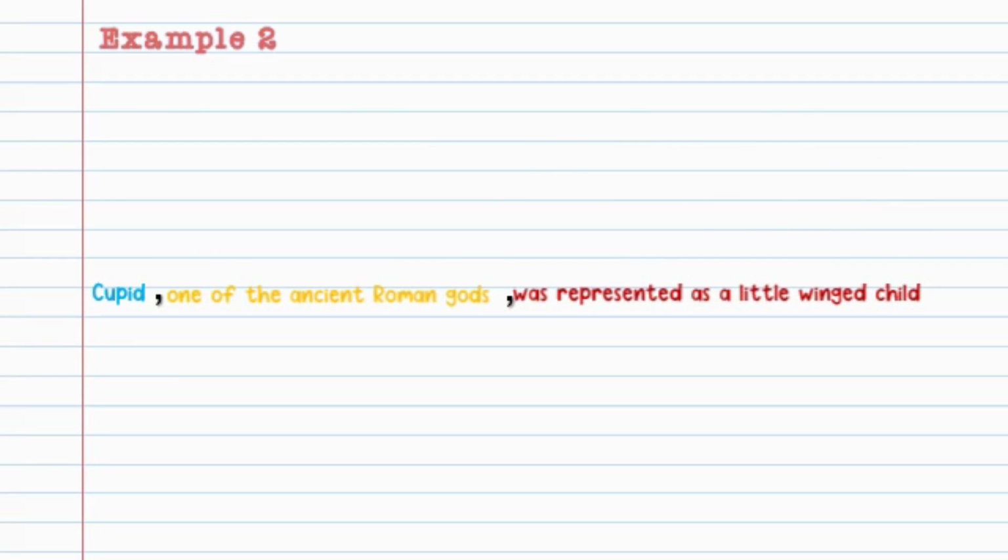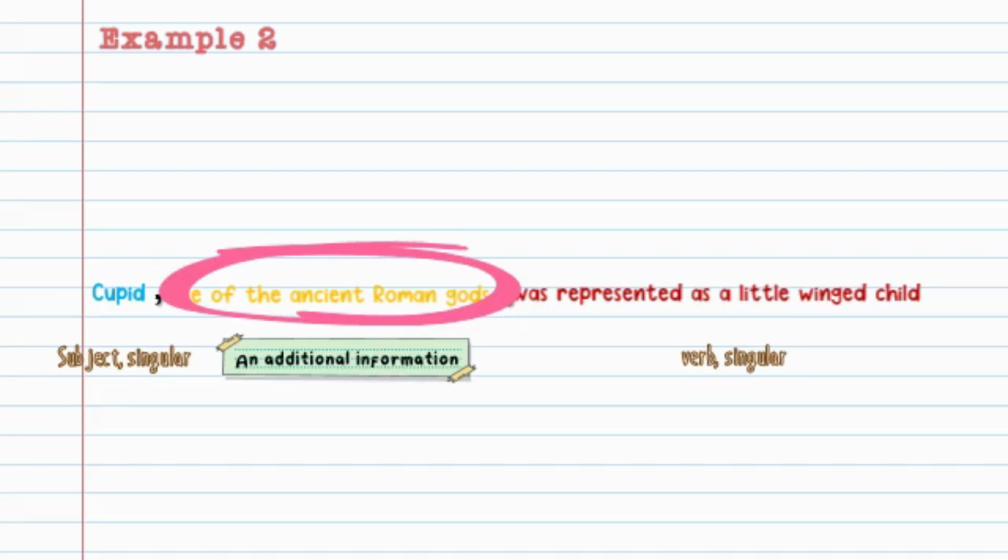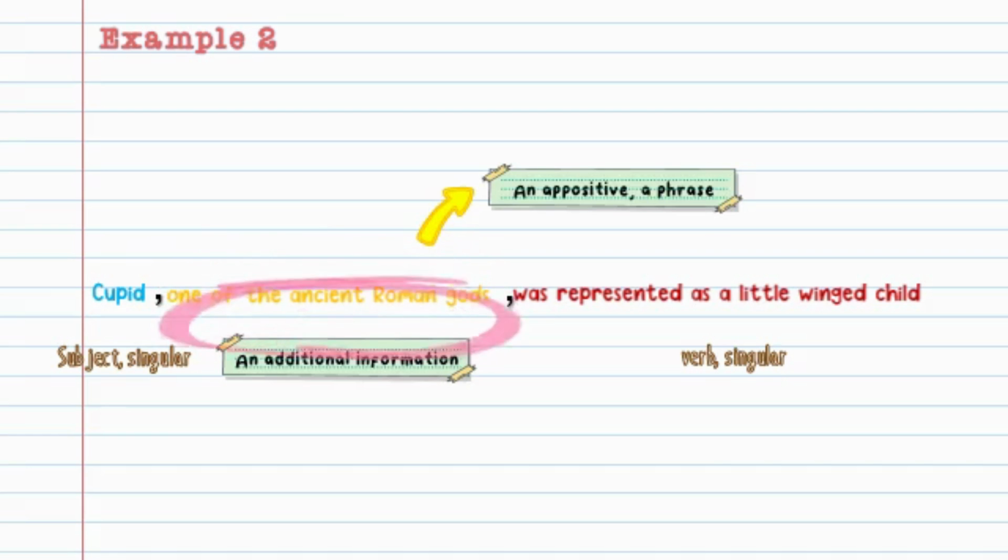And we add two commas here to state that it is the additional information. Following the rules of subject and verb agreement, Cupid as a subject is singular. Of course, the verb must be singular too, was. And one of the ancient Roman gods is the appositive. It is a phrase.